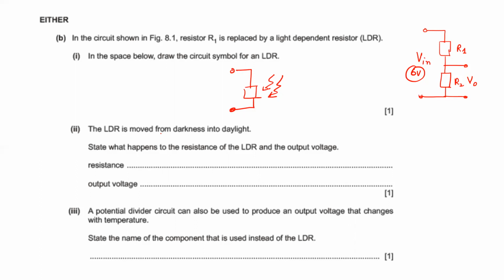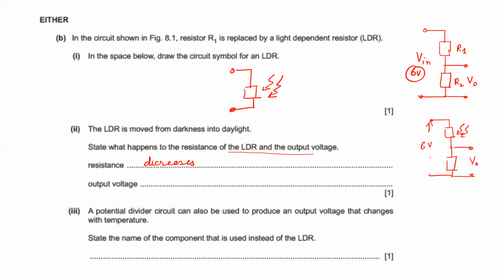Okay, so the LDR is moved from darkness into daylight. State what happens to the resistance of LDR and the output voltage. So the resistance of LDR decreases as it moves from dark to light. So again, my R1 is replaced by an LDR, and this is my output.